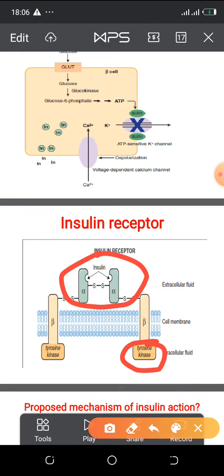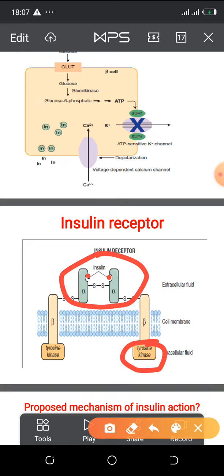So when insulin binds to this point there, the tyrosine kinase becomes phosphorylated. The mechanism we call autophosphorylation. So when it becomes phosphorylated, that's when we are going to see physiological actions. For example, production of glucose transporters.